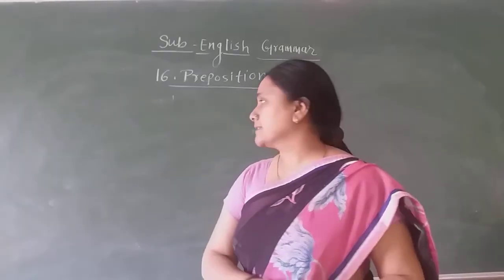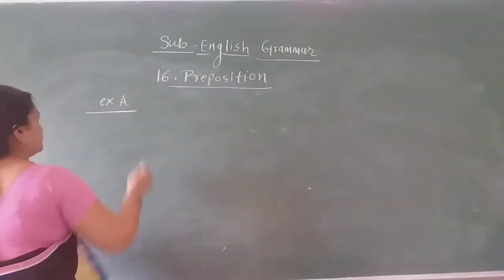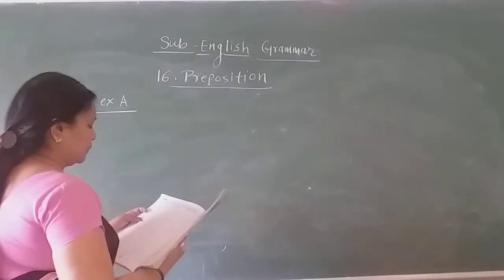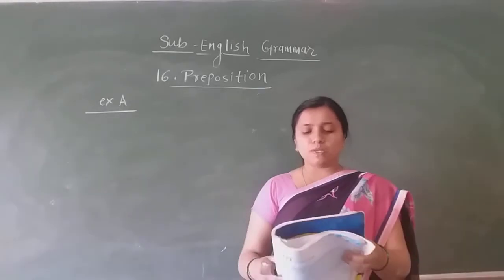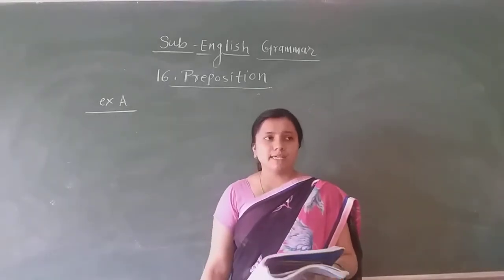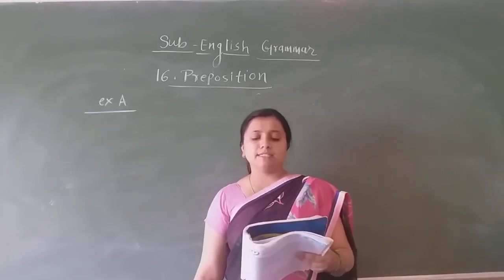Now let me see exercise 8 which is given in your book, page number 82. So let us see the first exercise. Here the options are already given. The first one: the baby walked between his father and mother.